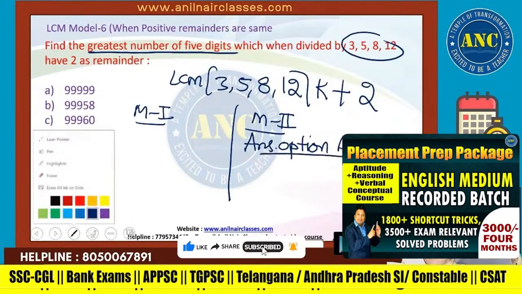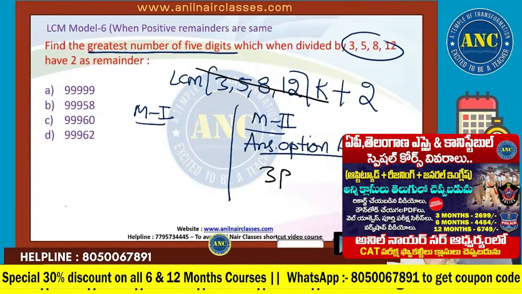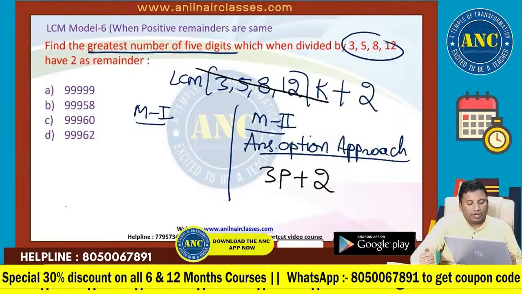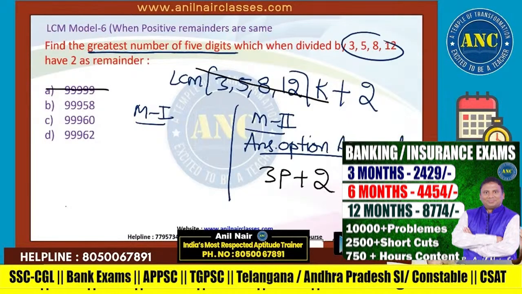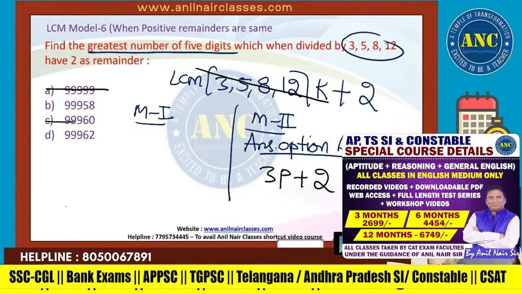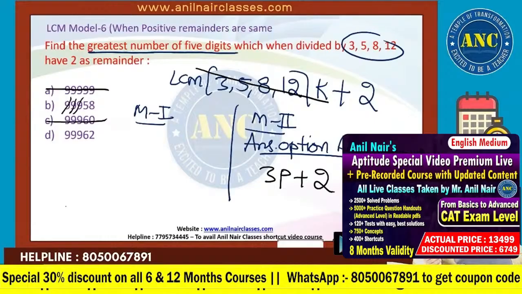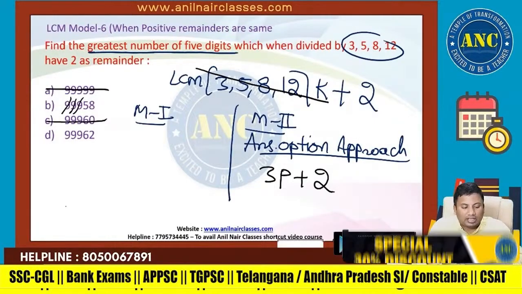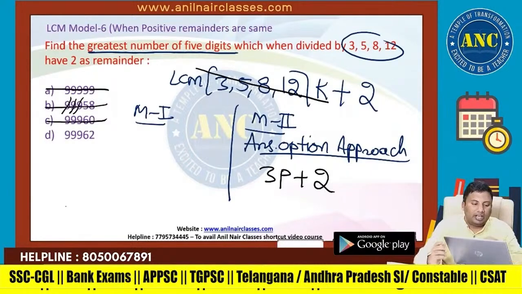Listen carefully. This is divisible by 3, so it is 3 into something plus 2. 99999 is divisible by 3. 9 5s are 45, and 45 is divisible by 3. 99996 is divisible by 3. 99927: 27 plus 5 is 32, 32 plus 8 is 40, and 40 is 3 into 13 plus 1.